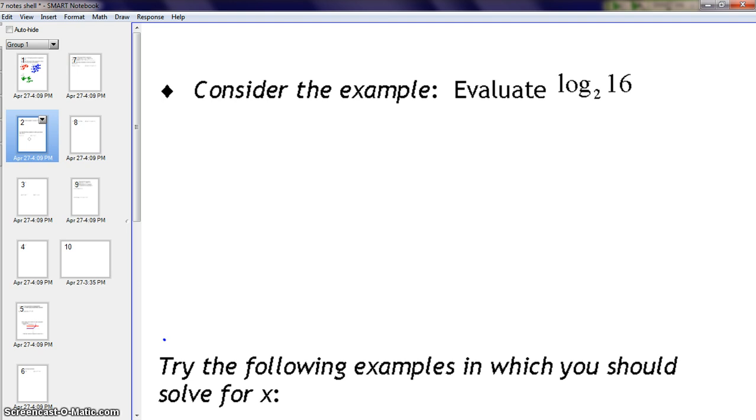It says evaluate the base 2 log of 16. Well, the way that I think of this is to write this is what I'm trying to find. So that's my x. And I rewrite it 2 to the x equals 16 in exponential form. And then I want to think, okay, I do know that 16 is related to 2. 16 is 2 to the 4th.